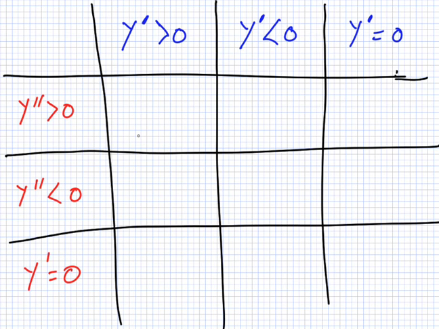So if it's increasing and it's convex, that must mean we have this type of shape. Do you see what I mean by the convex shape? It's going from a low point to a high point, and it's bulging out.